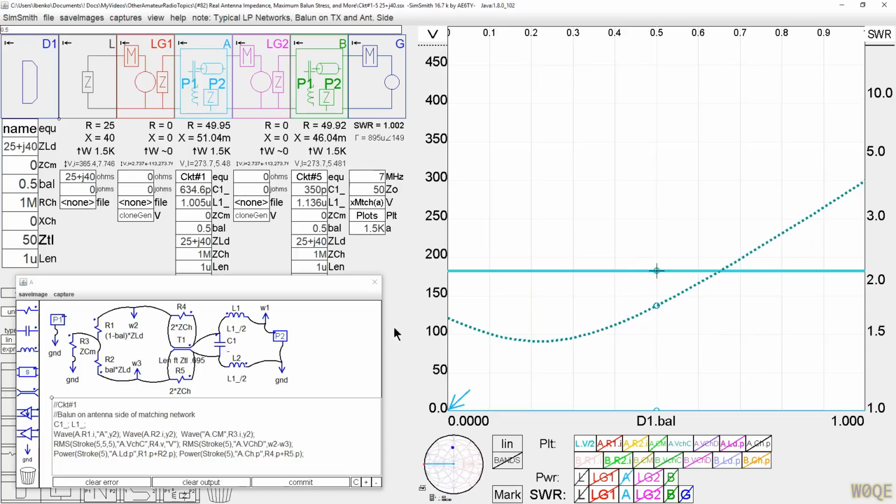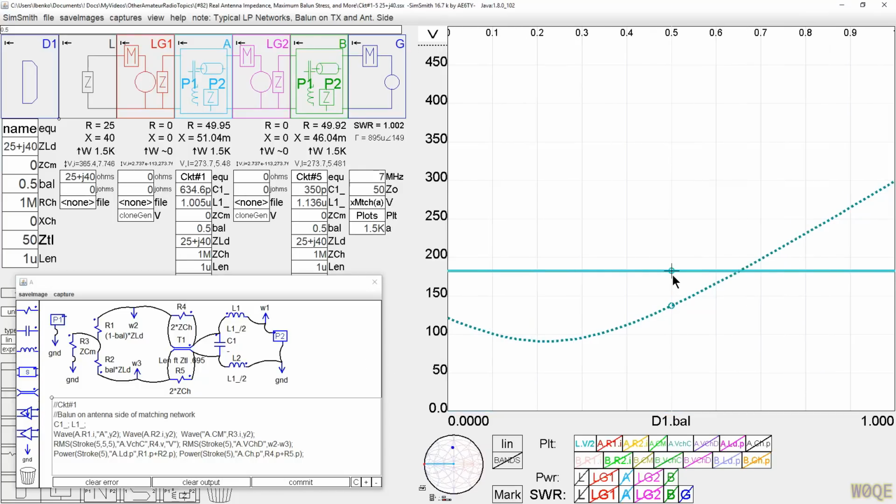We're matched again. What we have is a considerable improvement in balun stress. We have lower voltage. Before, at this impedance level, which is 25 plus J40, we had 182 volts across the balun, and that's at 1500 watts. And now we have down here 136. Much easier. This is a much lower voltage, less stress on the balun.